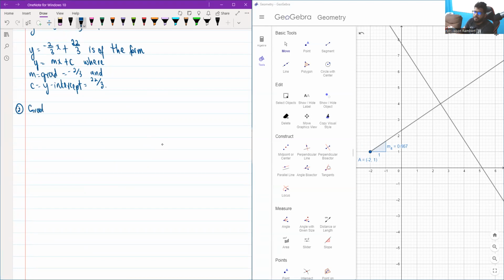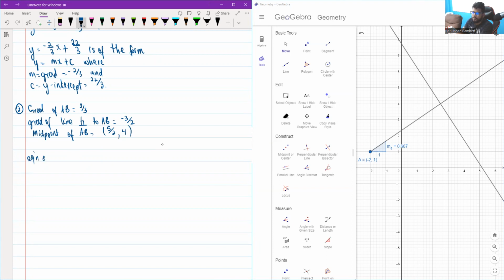So this is for the second question. The gradient of AB, we got it to be 2/3. So the gradient of the line that is perpendicular to AB would have been -3/2. And the midpoint of AB would have been 5/2, 4.